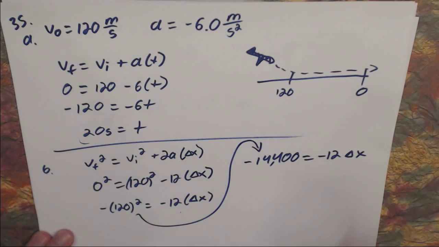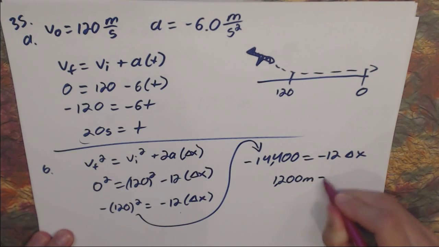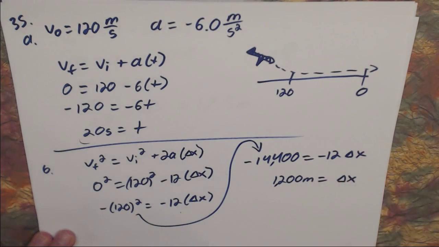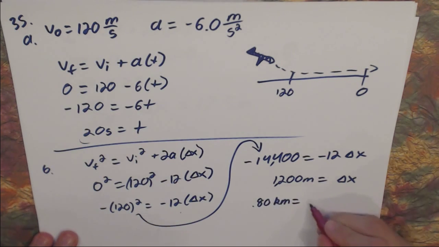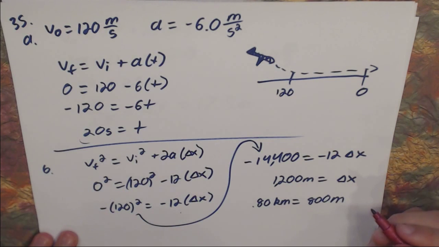Divide that by negative 12, and we get 1,200 meters equals delta x. And the question wants to know, can the plane land on a naval aircraft carrier where the runway is 0.80 kilometers long? And 0.80 kilometers equals 800 meters. And since this is greater than 800 meters, it cannot land on that aircraft carrier because the aircraft carrier doesn't have enough space.